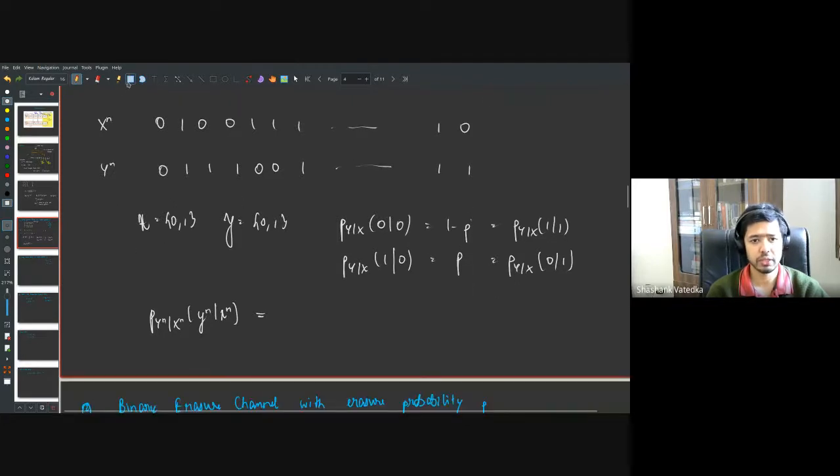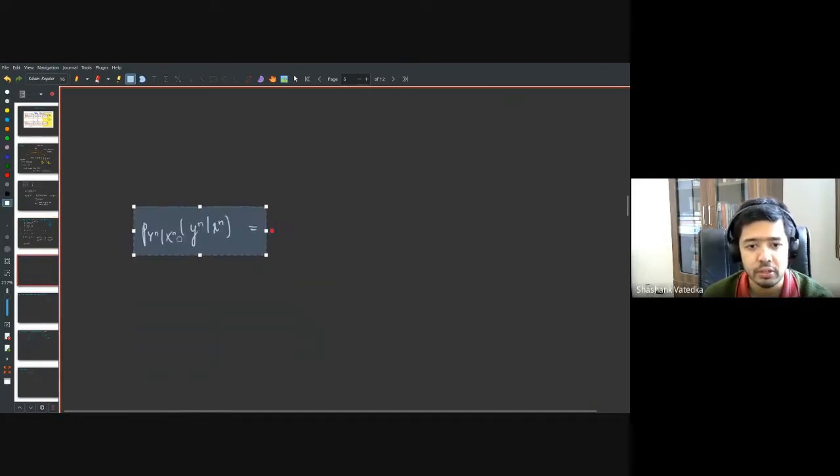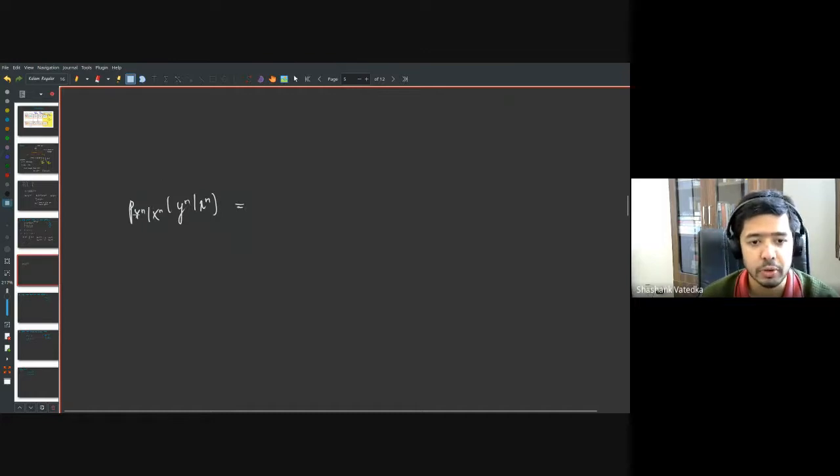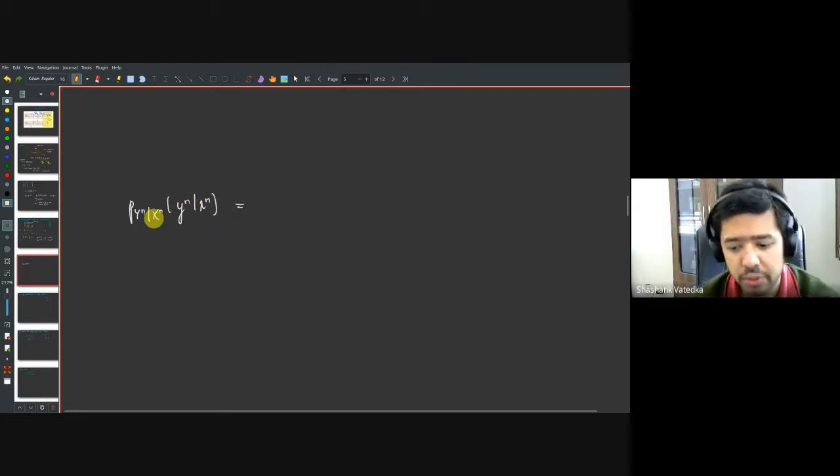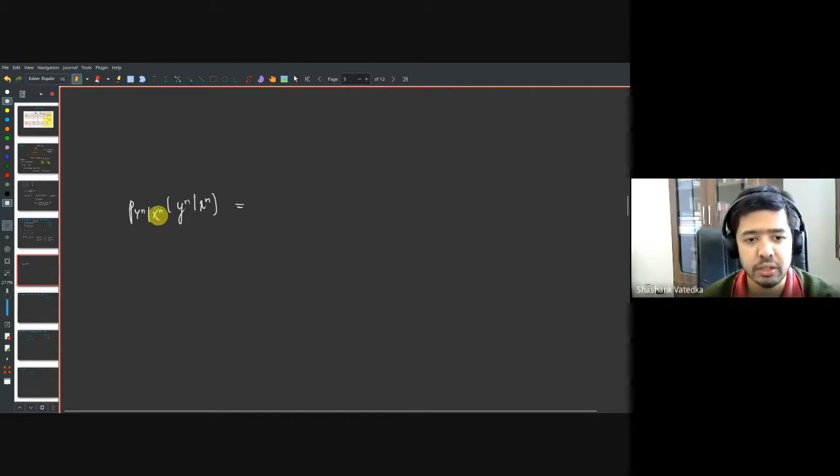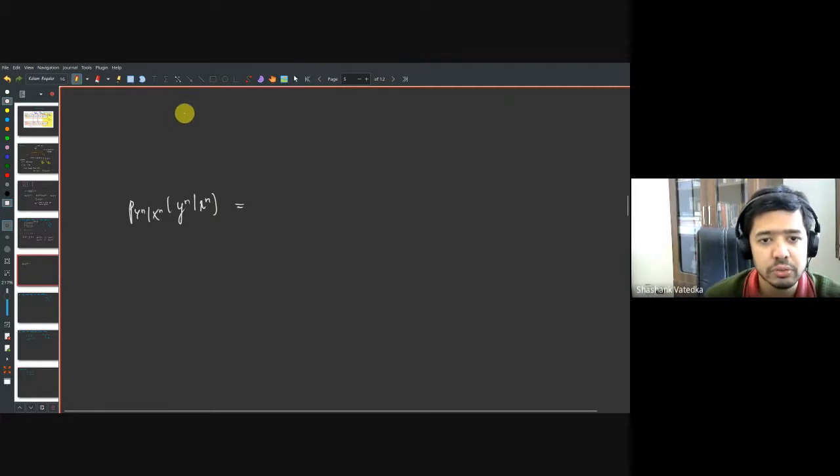So let me introduce some additional notation. My goal is to calculate the probability that y^n is the output of the channel, given that x^n is the input to the channel. I want to get an expression for this in terms of n, p, and maybe something else, but the most compact expression I can get. So I'll introduce this new quantity.